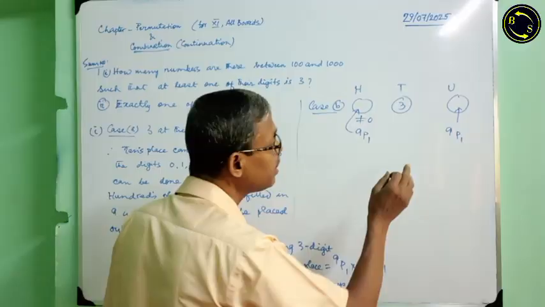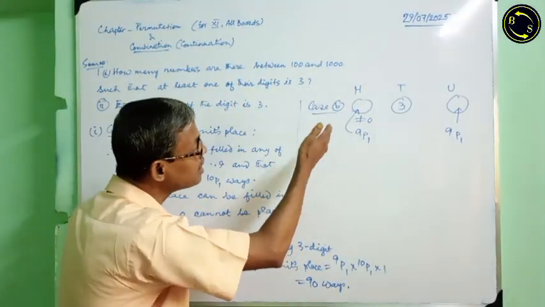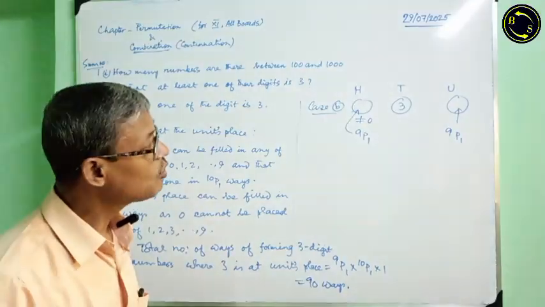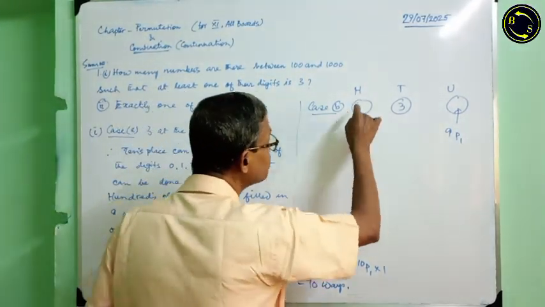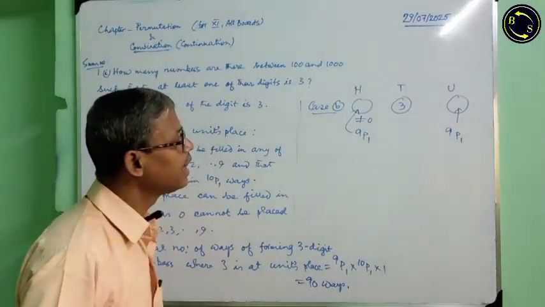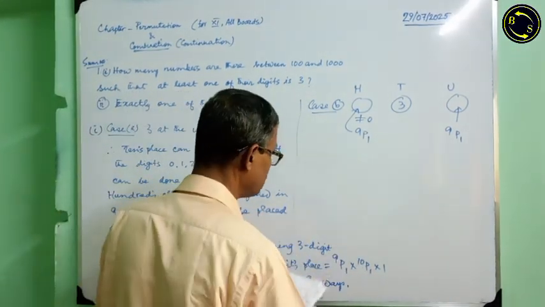That can be done in 9p1 ways. And in case of hundreds place, that cannot be filled by the digit 0. Therefore, this place can be filled in by 9p1 ways.